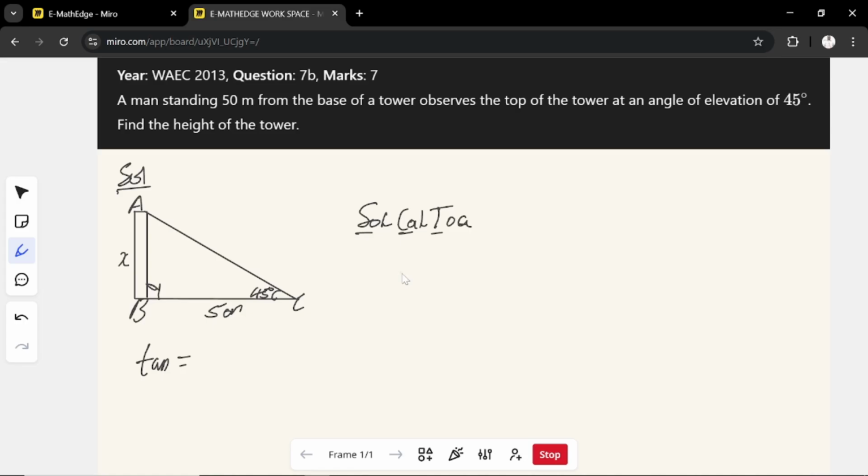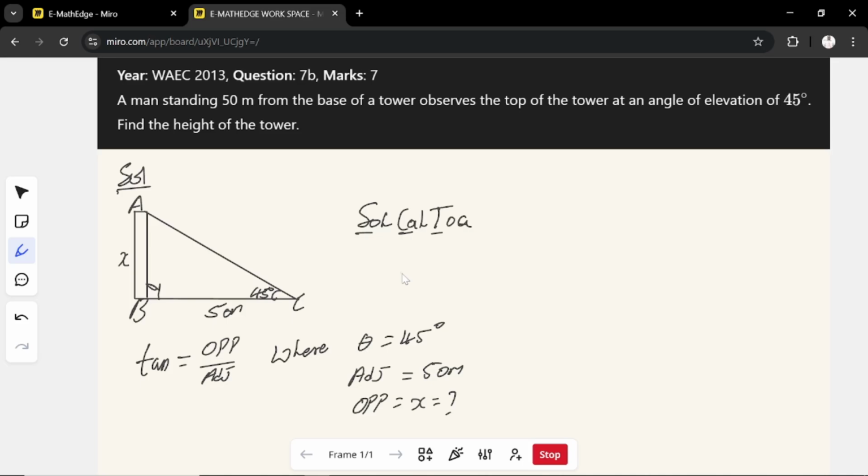Why? Because tan theta is opposite all over adjacent, right? Where we have theta to be equal to 45 degrees, the adjacent side to be given as 50 meters, and the opposite side, which we tag x, we don't know what it is.